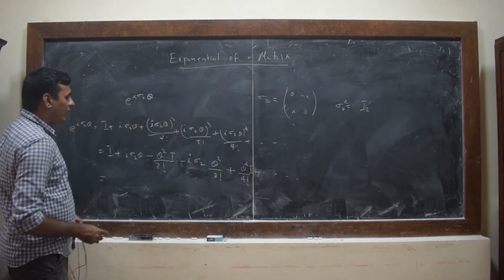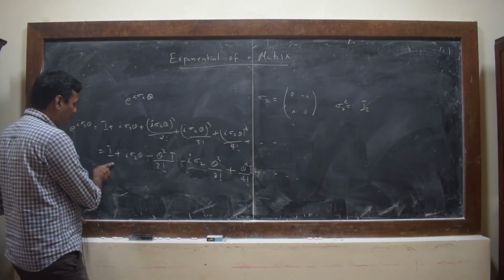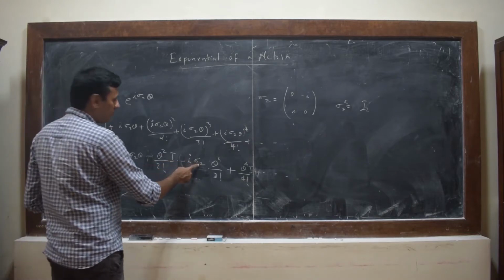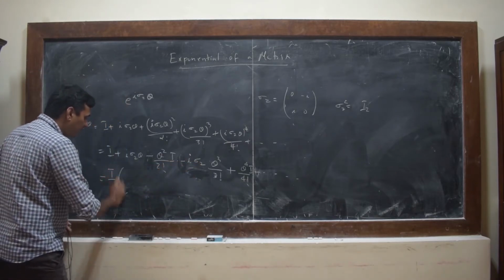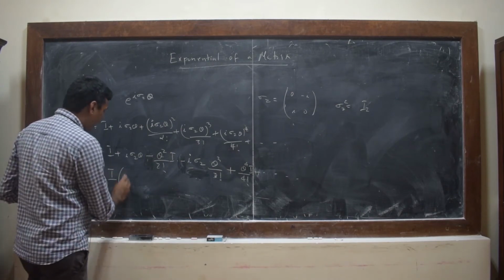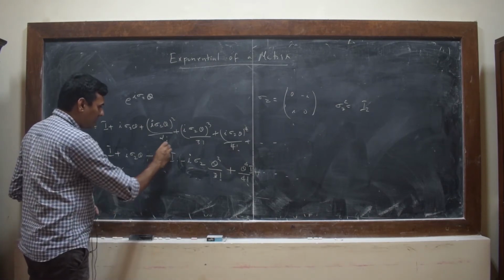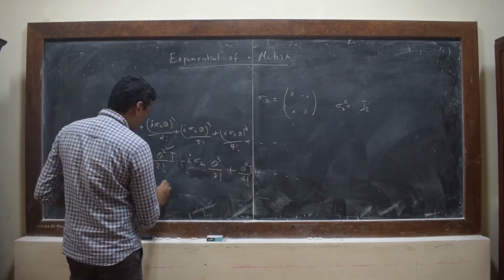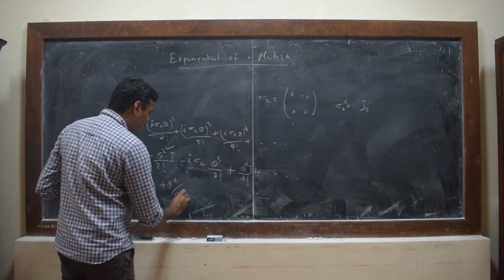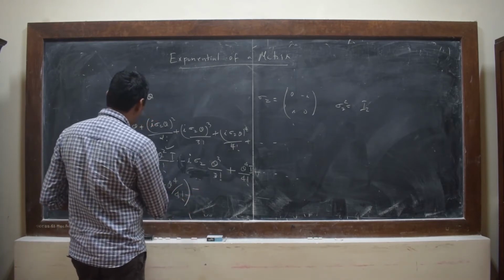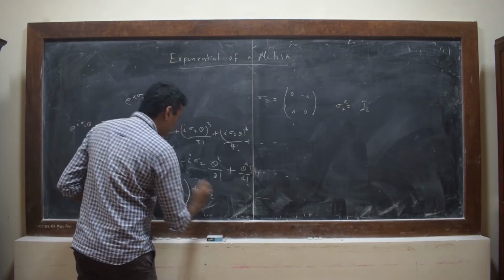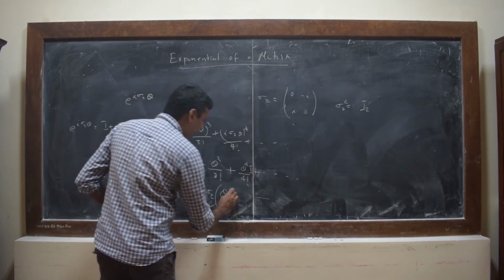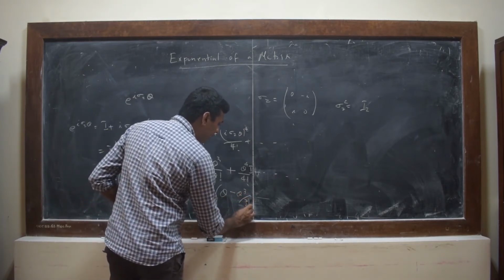Now we will have two types of terms, the terms which will have the identity matrix, and the terms which will have sigma 2. Okay. So, I can write identity into 1 minus theta square divided by 2 factorial plus theta raised to 4 divided by 4 factorial minus and so on, plus i sigma 2 into theta minus theta cube divided by 3 factorial plus etc. etc.